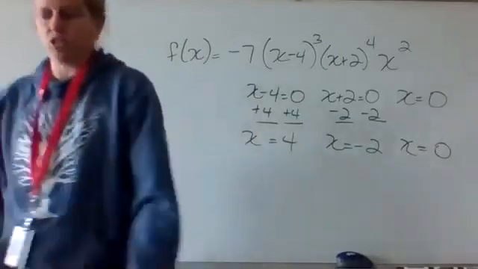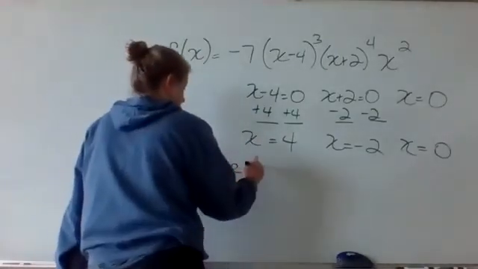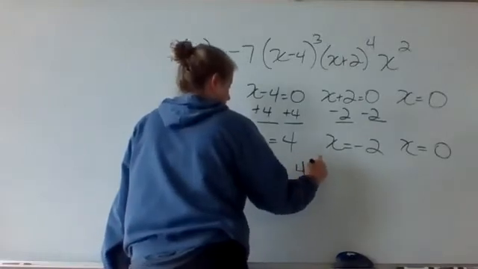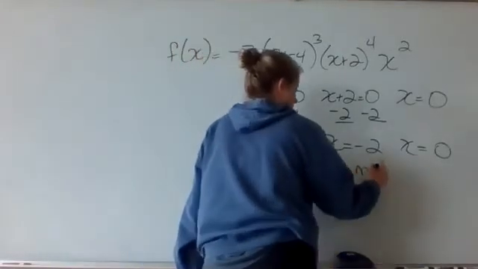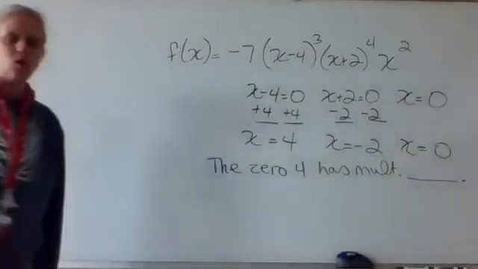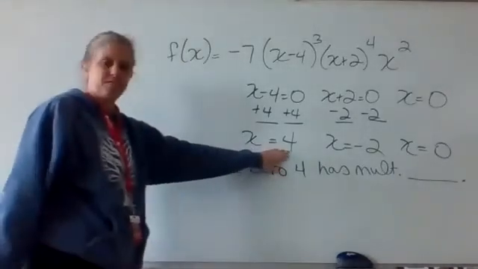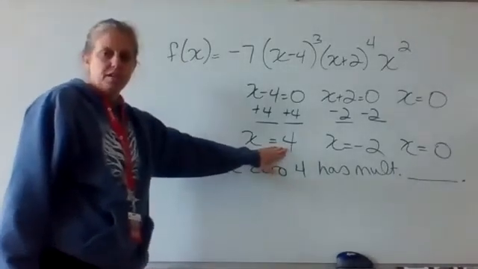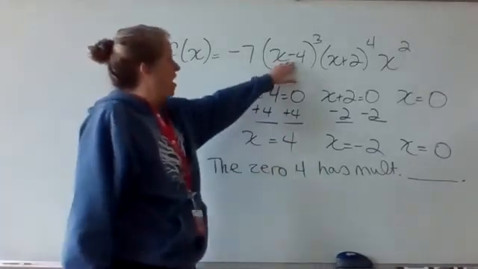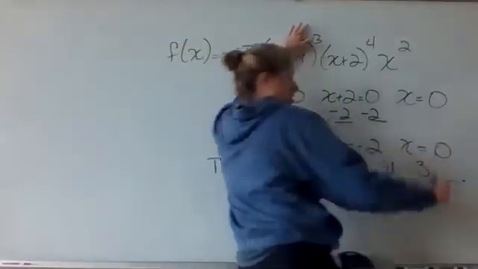Here's how it asks you this one. It says the 0, 4 has multiplicity blank. Well, here's my 0, that's 4. So I just go back up and look at its factor and its exponent. So its multiplicity was 3.